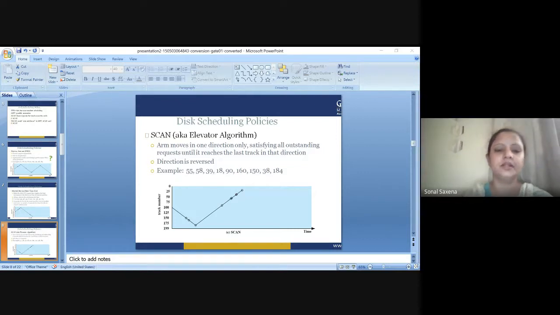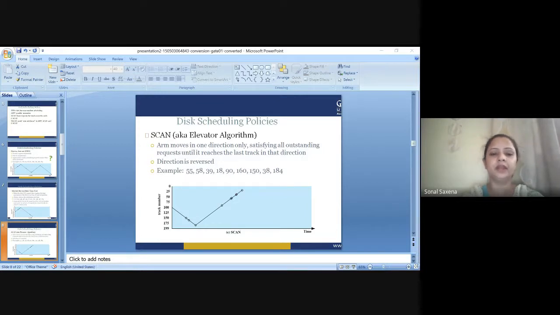Now let us see the next algorithms, that is SCAN and C-SCAN. When we talk about the SCAN algorithm, it is also called the elevator algorithm. In this algorithm, the disk arm moves in a particular direction till the end, satisfying all the requests coming in its path, and then it turns back and moves in the reverse direction, satisfying requests coming in its path.